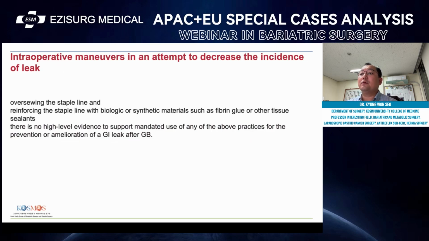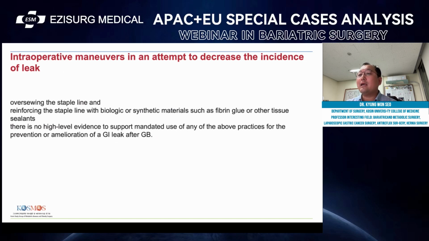Numerous intraoperative maneuvers in an attempt to decrease the incidence of leakage have been reported, such as oversewing the staple line and reinforcing the staple line with biologic or synthetic material, such as fibrin glue or other tissue sealant.